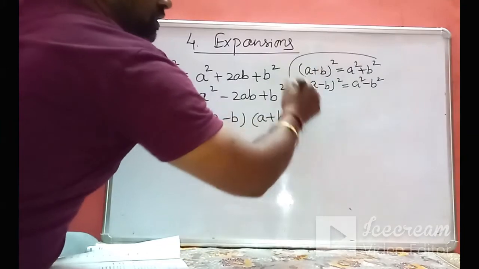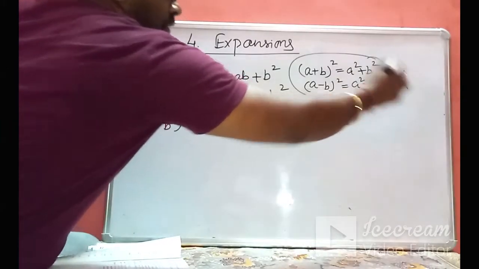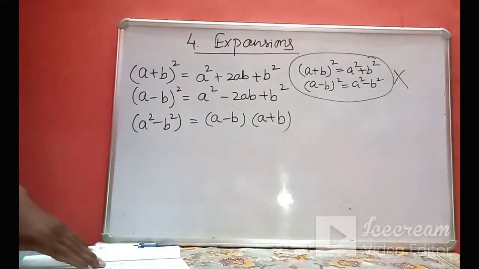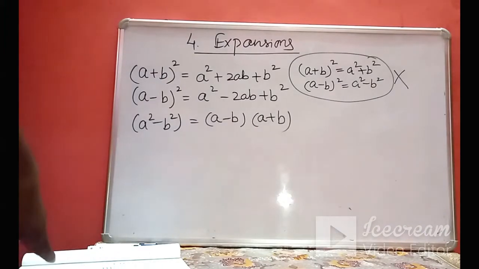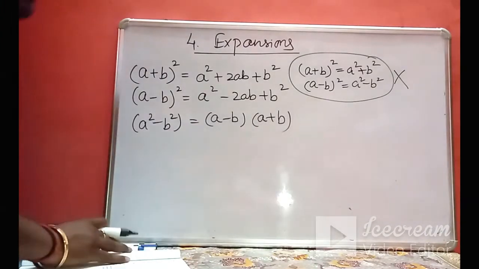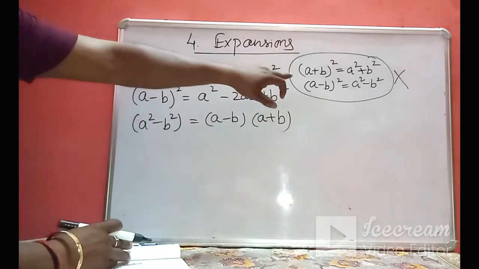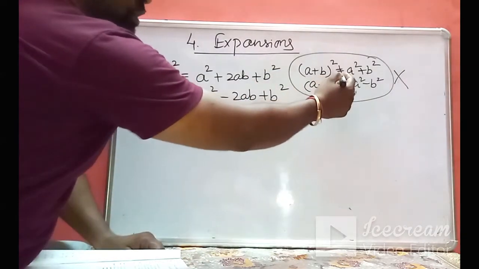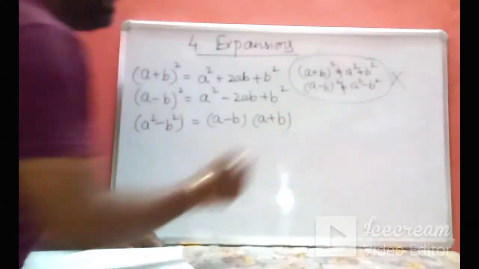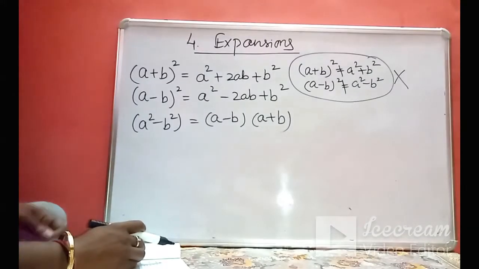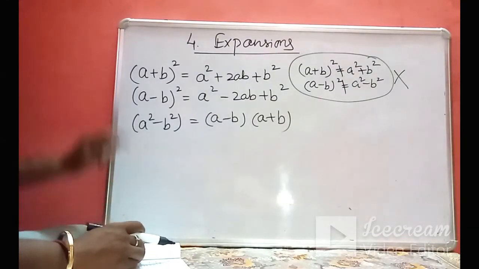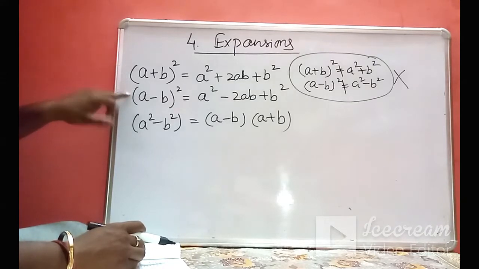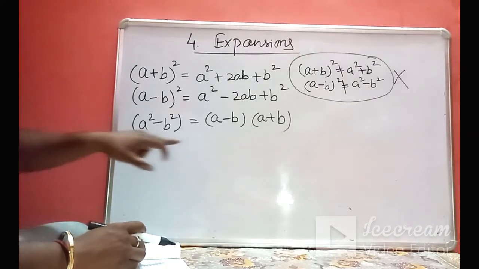Okay, so this is absolutely wrong. Don't make this mistake. (a + b) whole square is not equal to a square plus b square, and (a - b) whole square is not equal to a square minus b square.